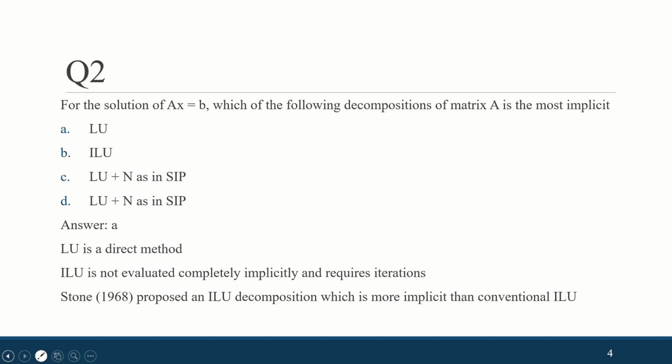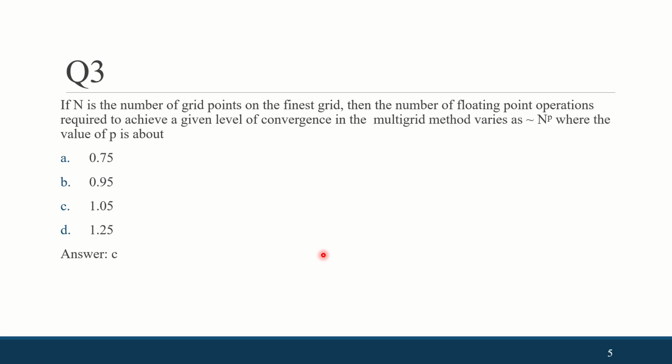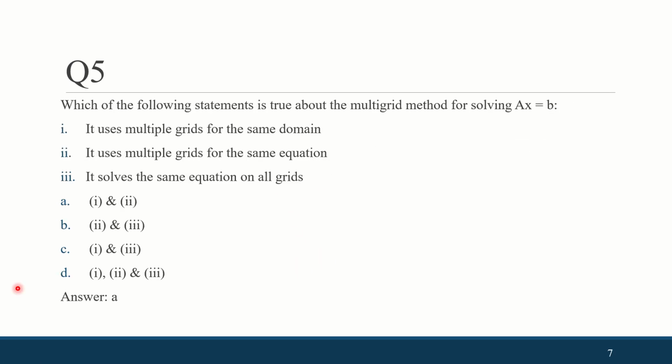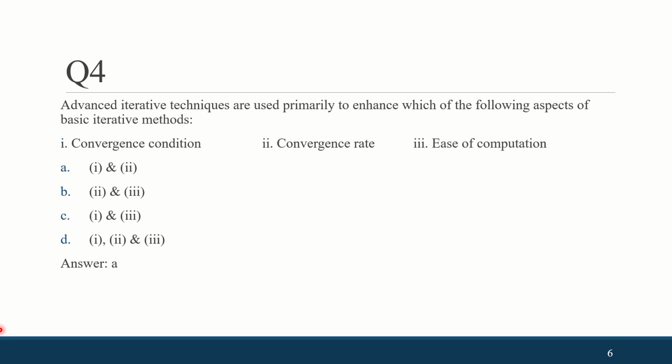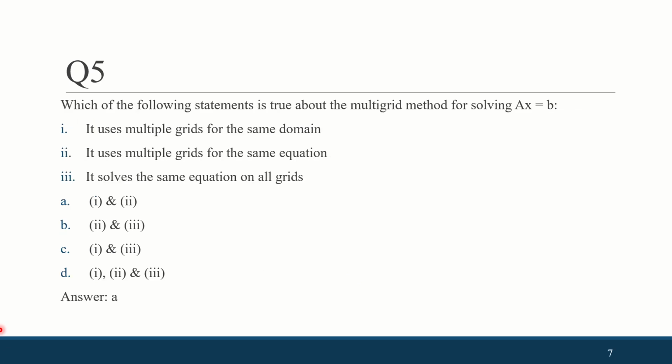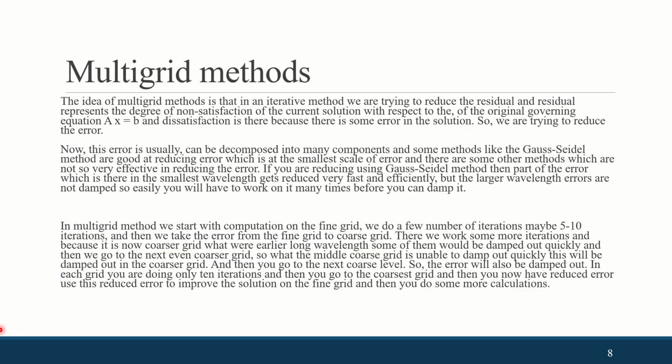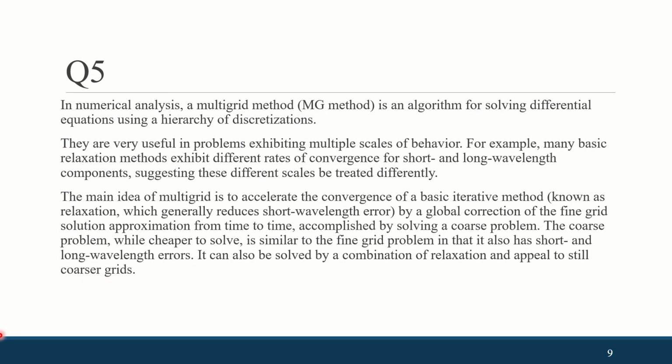The main focus was also on the multigrid method, with a few problems on those. The main thing was about the convergence rate and convergence criteria, which would ensure that faster convergence is achieved.